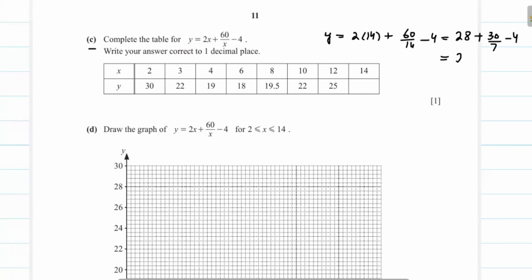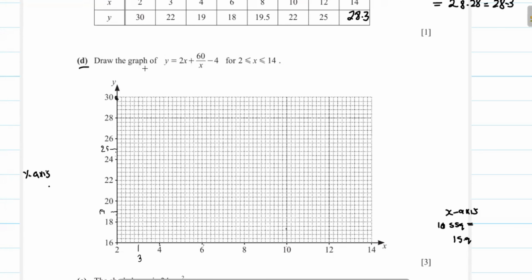This is 24 plus 30 over 7, which is equal to 28.28, and we can write it as 28.3.